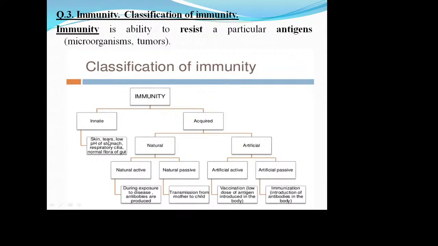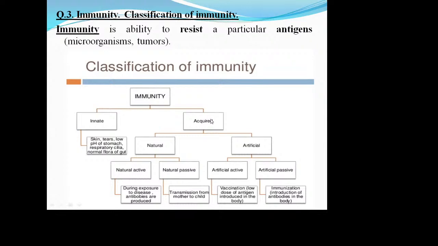Then there are tears, and the low pH of the stomach, which is a chemical barrier, because acidic conditions are harmful for bacteria; they kill bacteria. Respiratory cilia eradicate bacteria from the nose and respiratory tract. Normal flora of the gut, of the intestine, also takes part in innate immunity. So innate immunity is present in every person from birth.